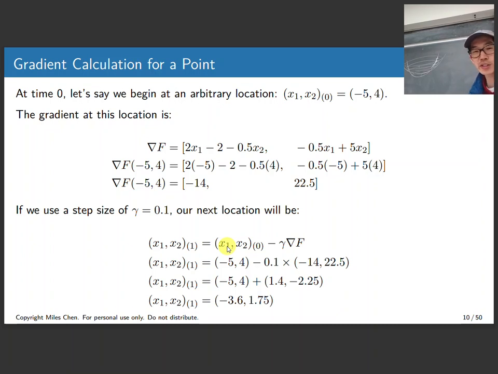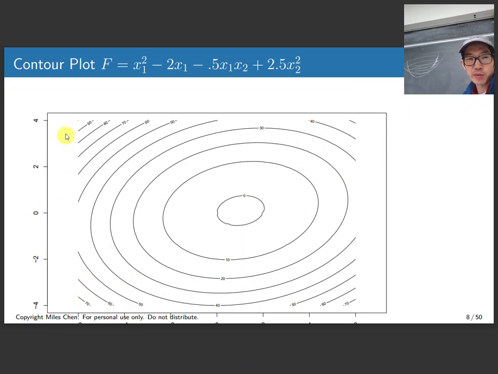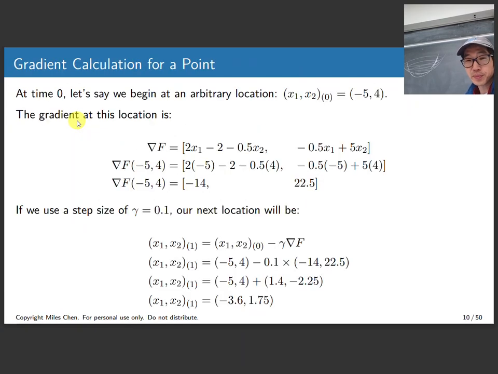And so we're going to just say, let's begin at some arbitrary location, -5, 4. I guess that would be right up here, this corner up here. We're going to calculate the gradient at -5, 4. Remember, my gradient is this vector of our two partial derivatives.